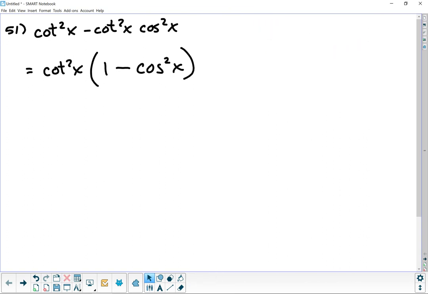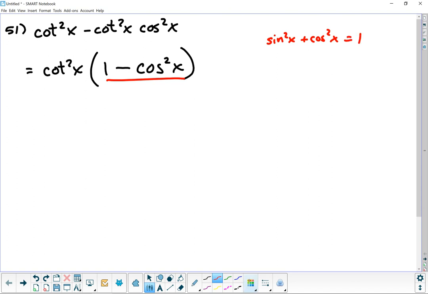And then from here, this is a factor already, right? If you want to go a little further, you can say this 1 minus cosine square x is actually a trig identity. This is the identity sine square x plus cosine square x equals 1.